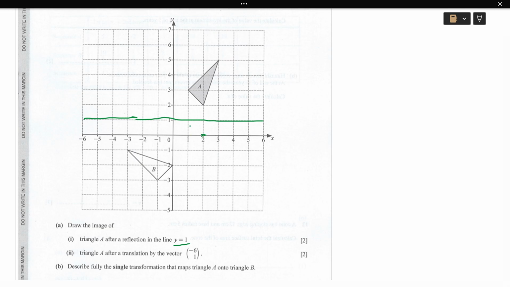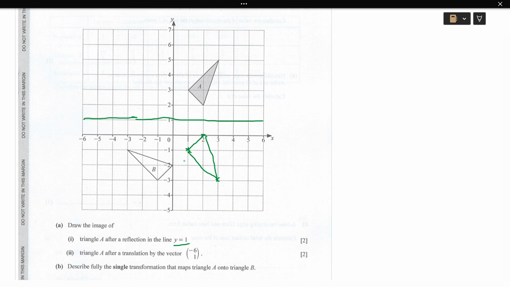Next is a 2 distance here, 1 comma negative 1. The next one is going to be here, 1 2 3 4. So we draw it, and this is the reflection.